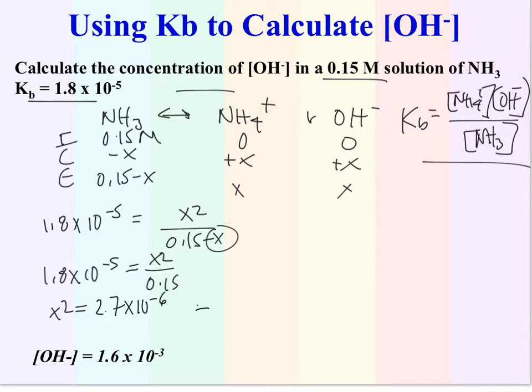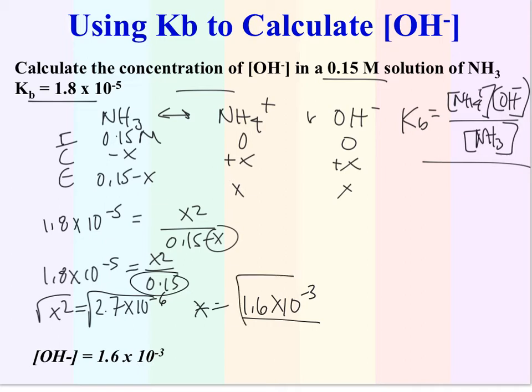In order to solve for x, I'm going to take the square root of both sides, and x is going to be equal to 1.6 times 10 to the negative third. If I check this value versus my original concentration, it's less than 5% in terms of size, so I can make this assumption and move on.